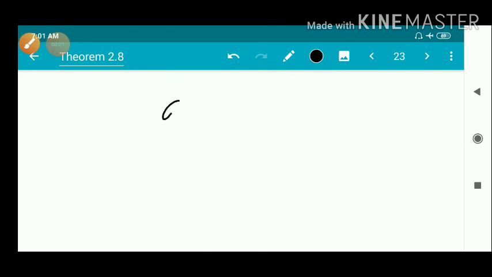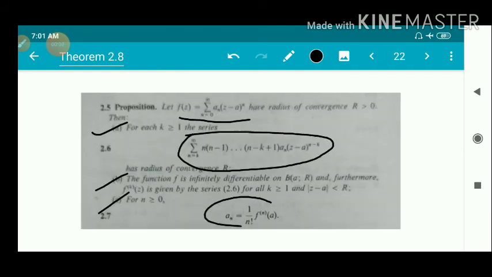Now we have to show that a n equal to f n of a divided by n factorial. For this we use the proposition in the first module, that is, if f of z equals a power series sigma n equal to 0 to infinity a n (z minus a) whole raised to n, then there exists a derivative series. Also in the C part we proved a n equal to f n of a divided by n factorial.